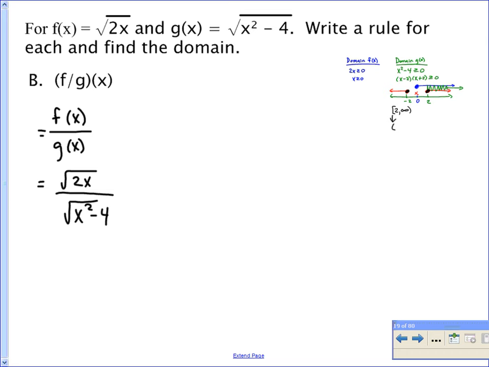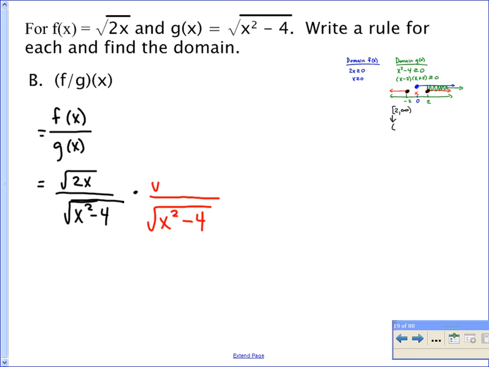So if I put them under one radical and use 2x over x squared minus 4 as one radicand, then it's not really going to help me cancel anything out. What I notice is that I have a radical in the denominator. So I told you earlier I would show you how to rationalize it. We want to get rid of the radical in the denominator.